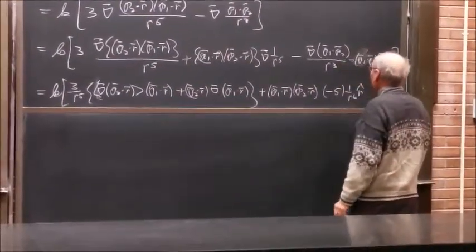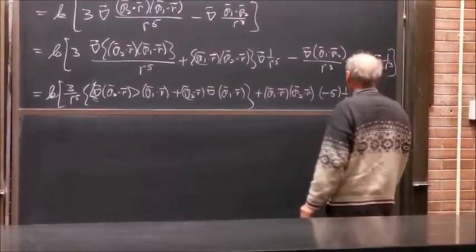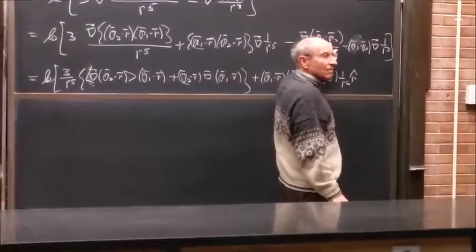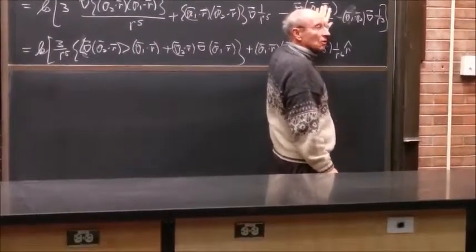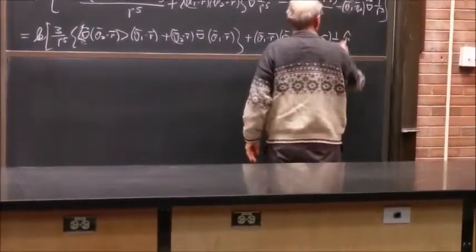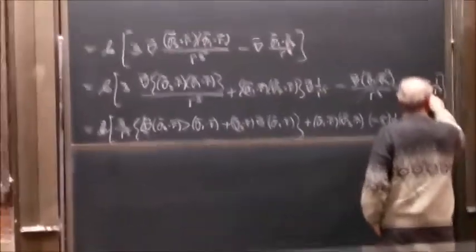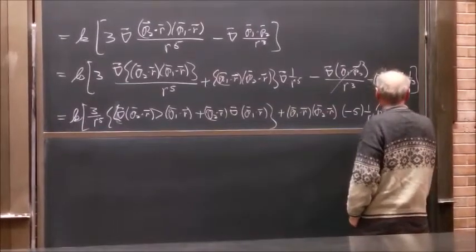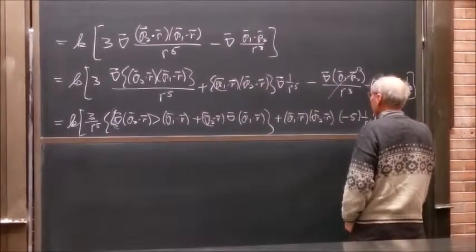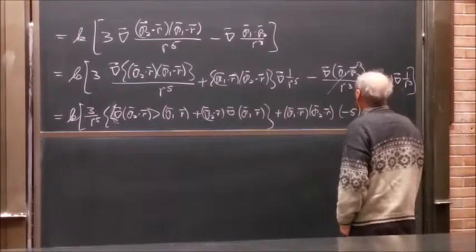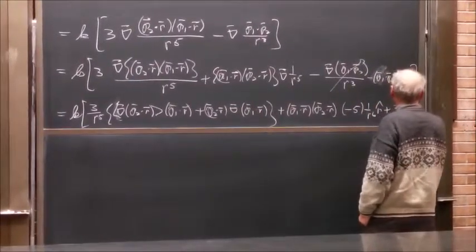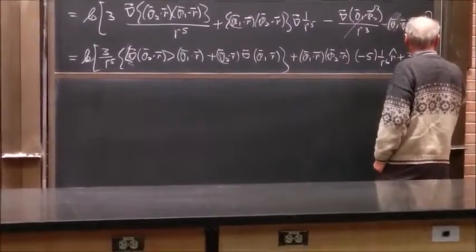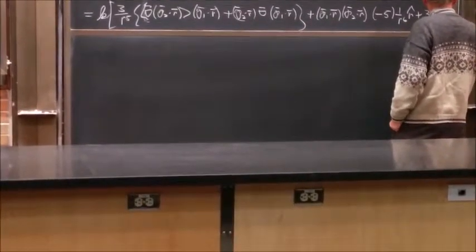And then you got this one. Now, those are constants. That's just the dipoles. So that term is 0. This one will give you minus 3 r hat over r to the 4th. The two minus signs make it a plus 3 P1 dot P2 r hat over r to the 4th.